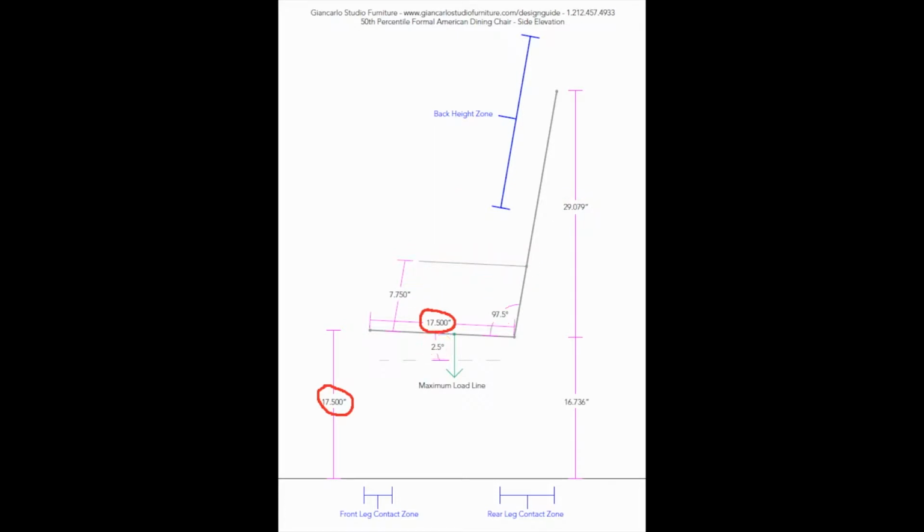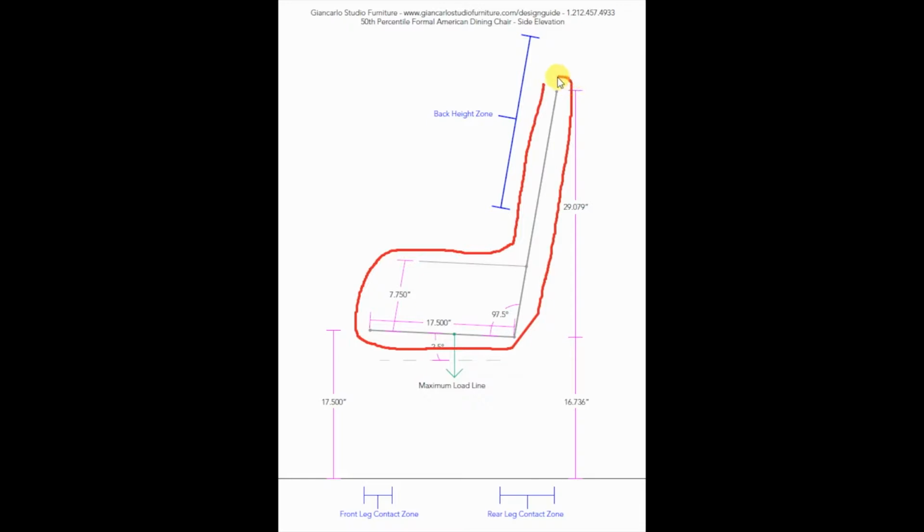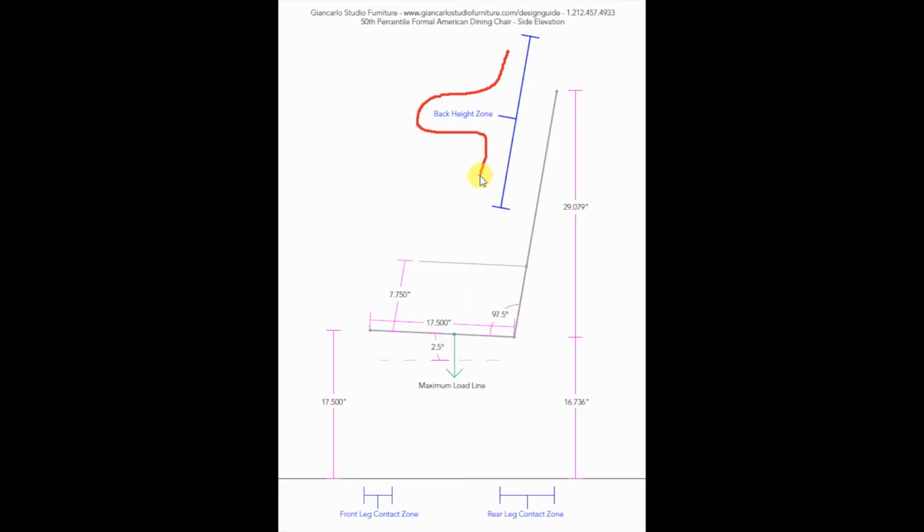The black origin line represents the floor. All measurements and scale proportions are referenced off of this line. The general profile of the human interface surfaces have been drafted in gray. Guiding lines indicating minimum and maximum length of key human interface surfaces have been drafted in blue.